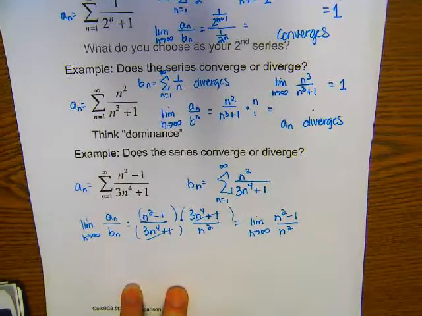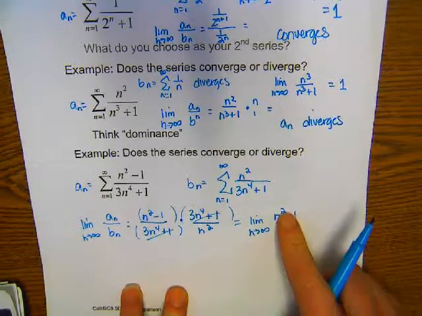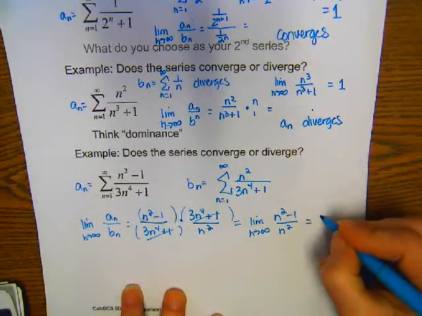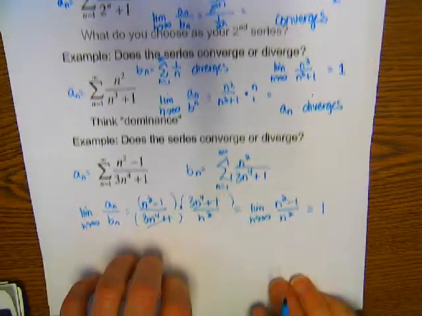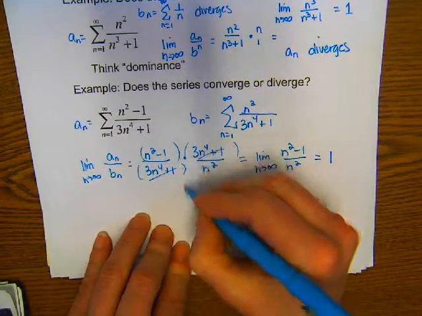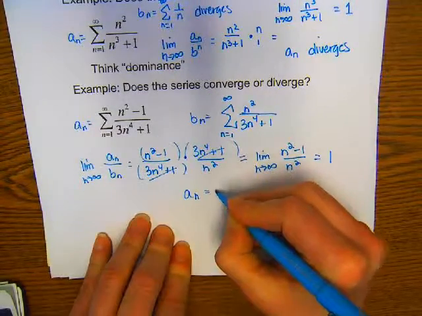So we can see, again, these are the same degree. This has a limit of 1. So since b sub n converges, a sub n also converges.